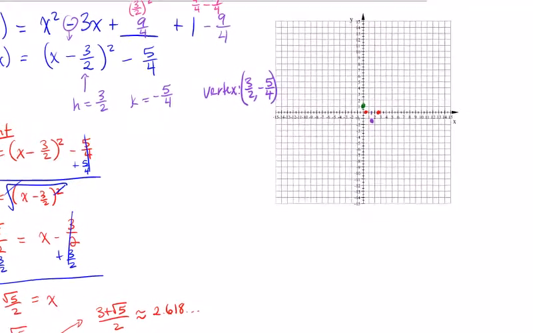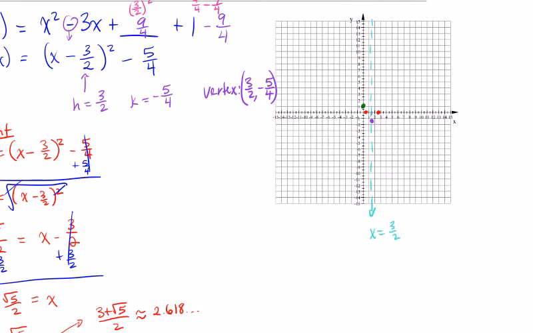All right, so we can use our axis of symmetry to find another point. Ooh, I messed up. A little bit off on that. Let's see. There it is. All right, and that would be x equals 3/2.